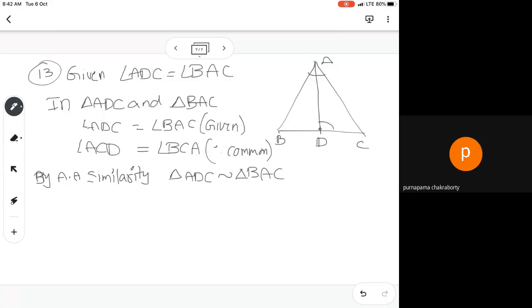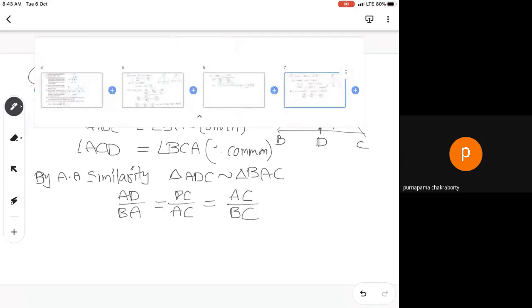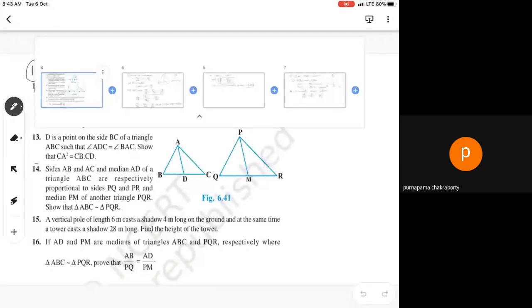When these two triangles are similar, their corresponding sides are in proportion: AD by BA is equal to DC by AC is equal to AC by BC. But the question asks us to prove CA square equals CB into CD, that is, CA into CA equals CB into CD.